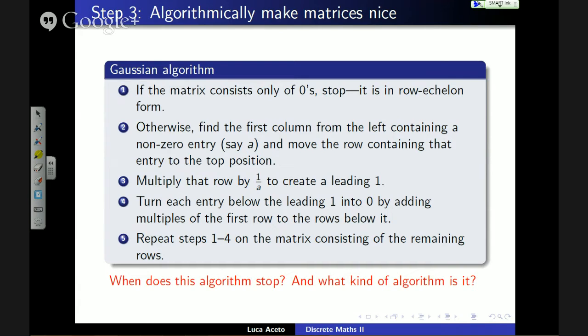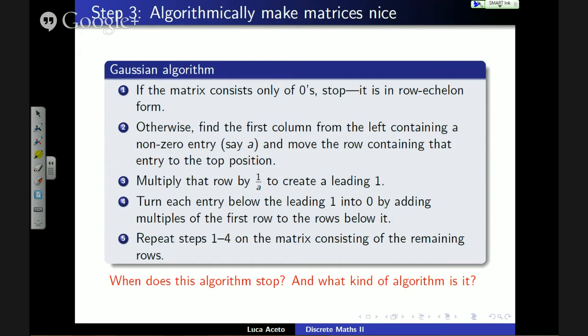Let's go through them. Step number 1. If the matrix consists only of zeros, you can stop. It is in row echelon form. Otherwise, this means that there is at least one row which doesn't consist of all zeros.